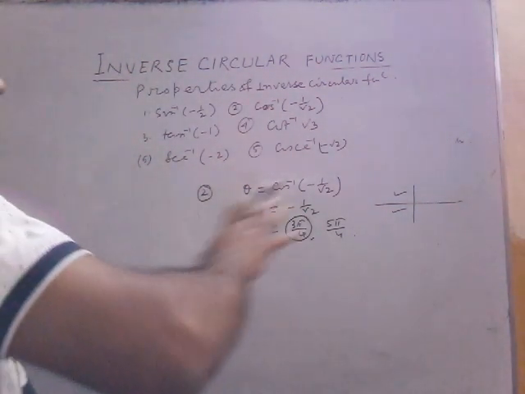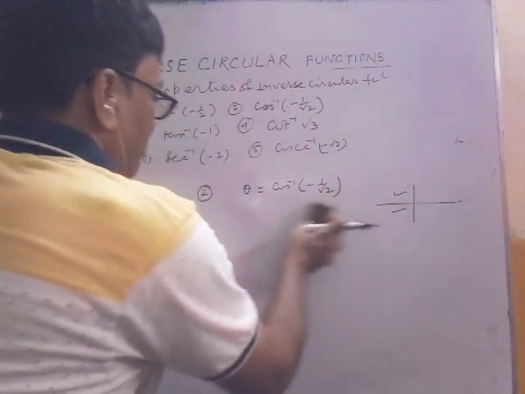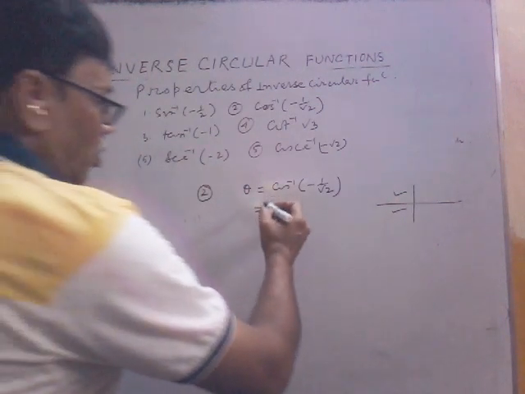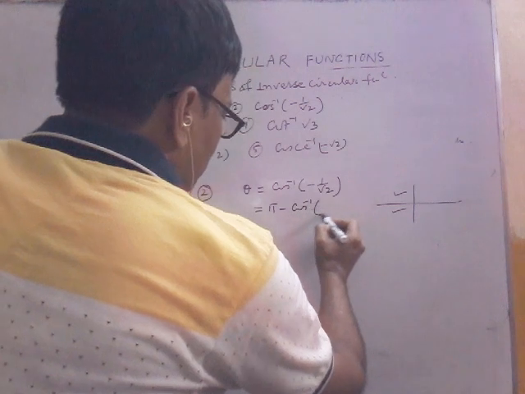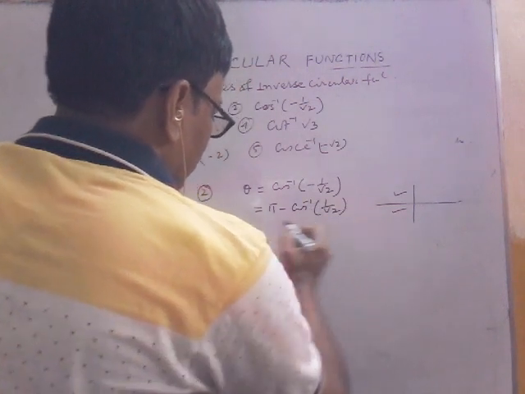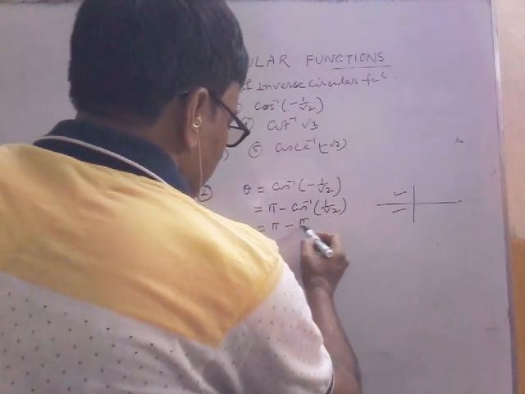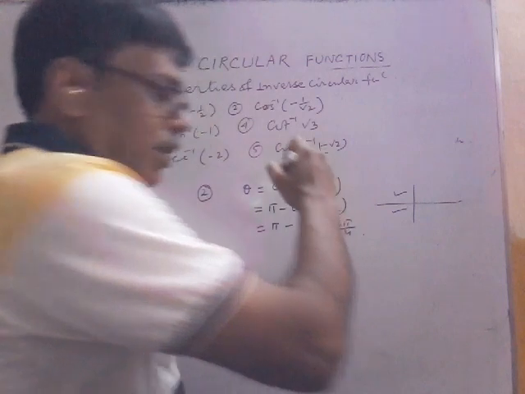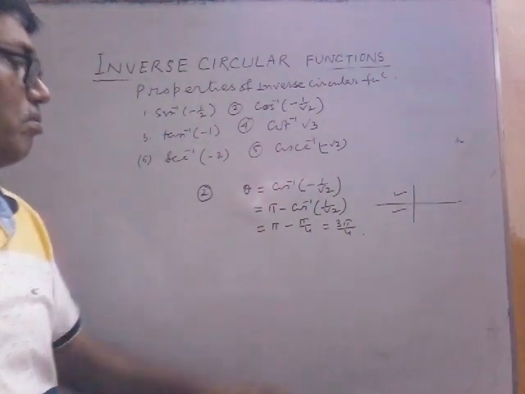But we do not use this method. Use the result only. Look, very simple. Theta equals cos inverse this. Now what is the value of cos inverse minus x? Pi minus cos inverse x. So now it is always in the first quadrant. So 3 pi by 4. So what is the rule? This is a 1 mark problem.